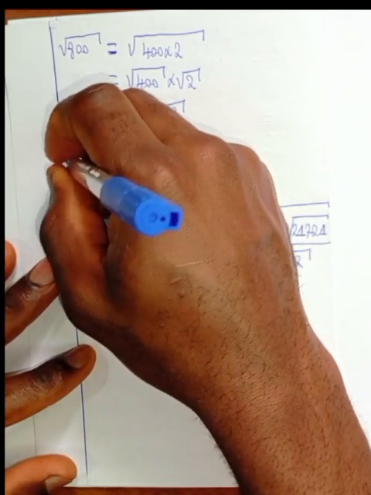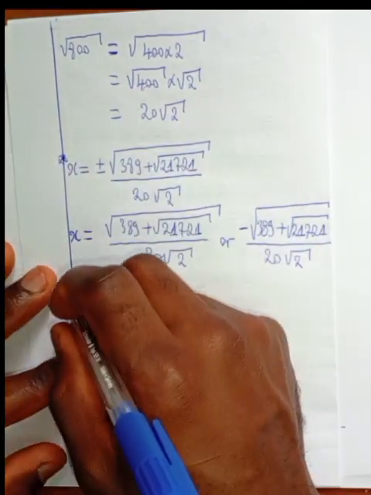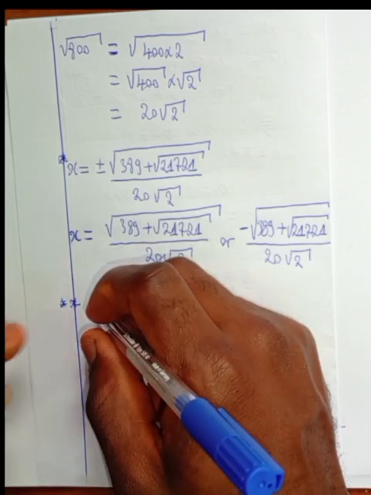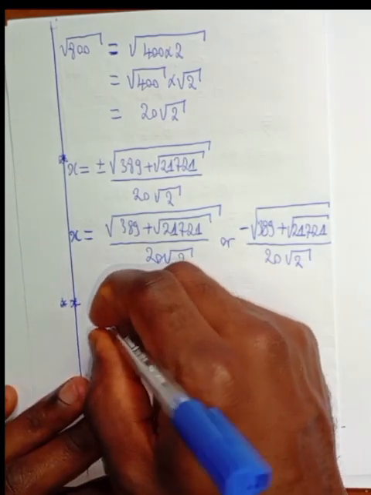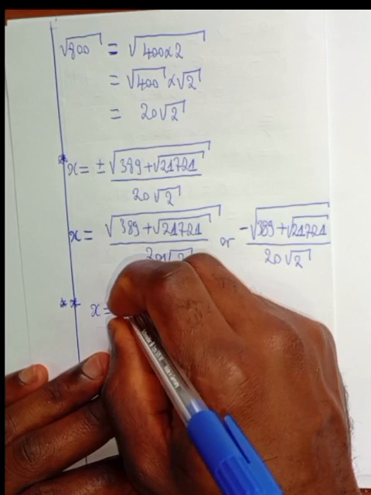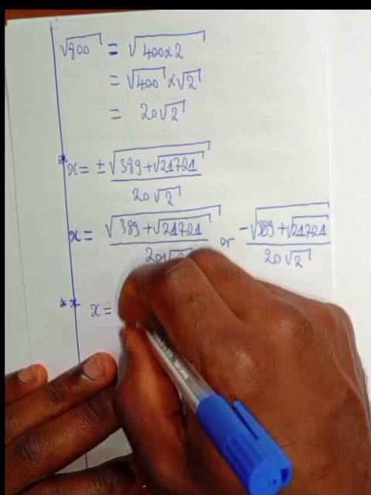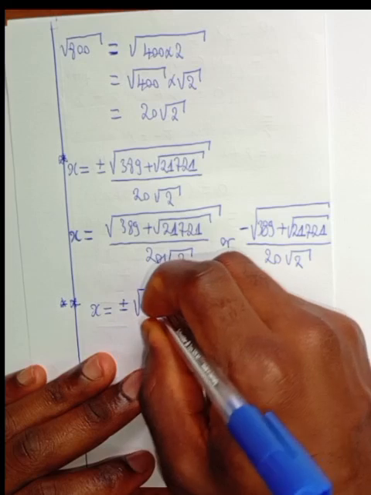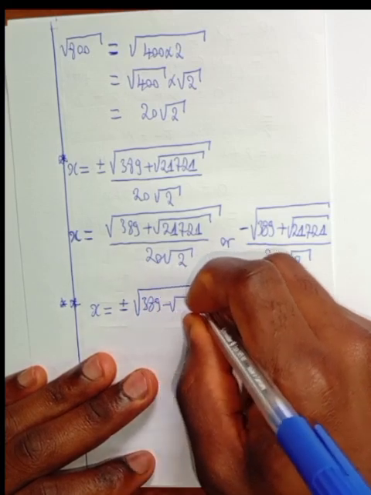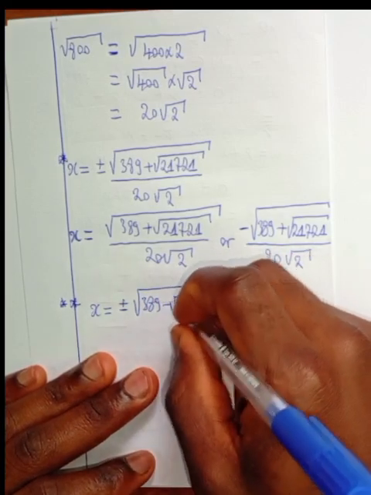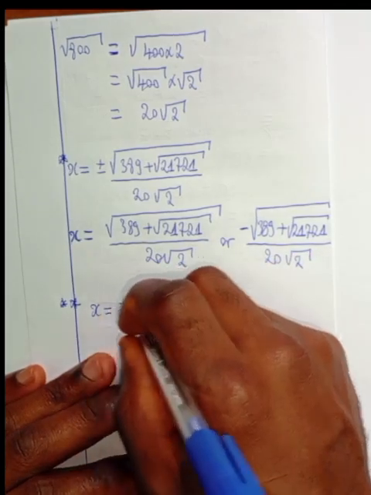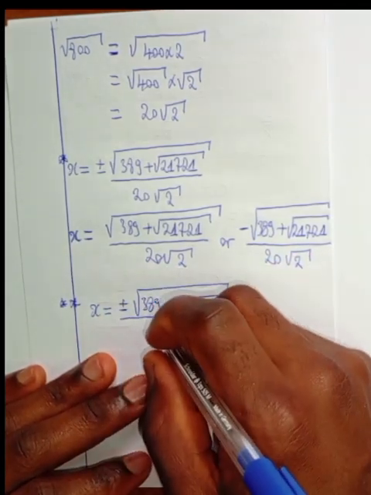So this is for the first one. We take now the second. The second we have x equal to plus or minus the root of 389 minus root 21,721 all over root 800.